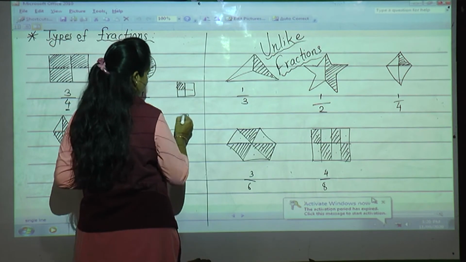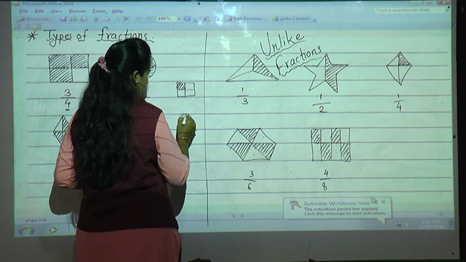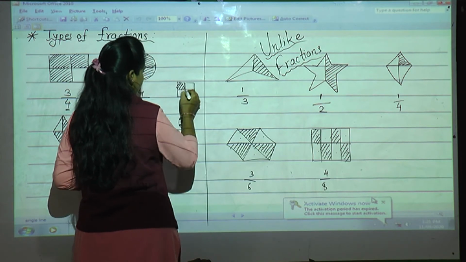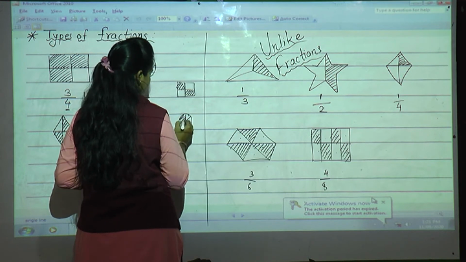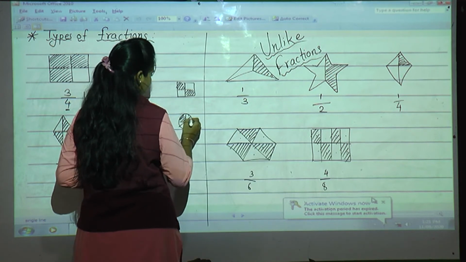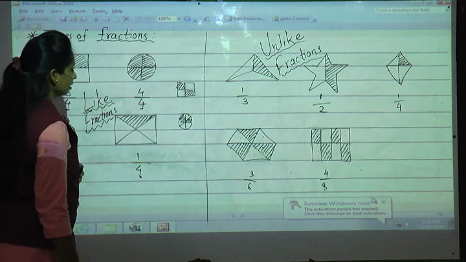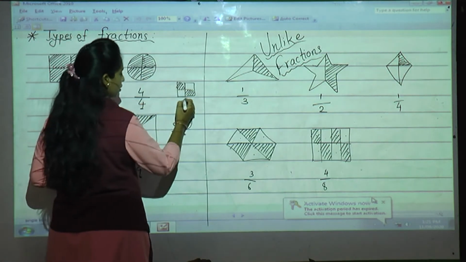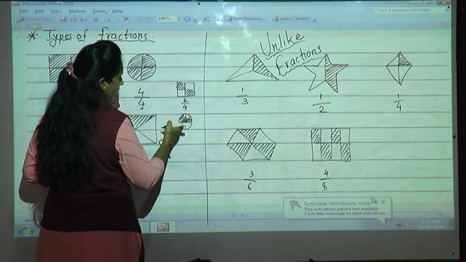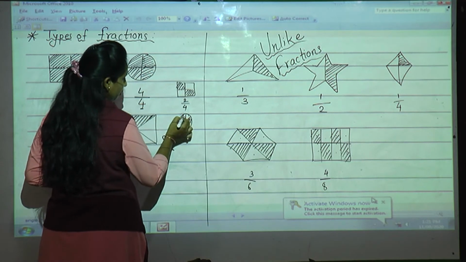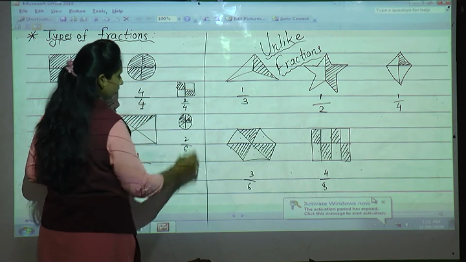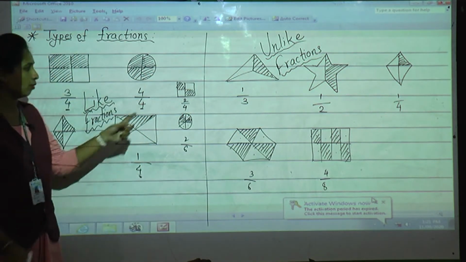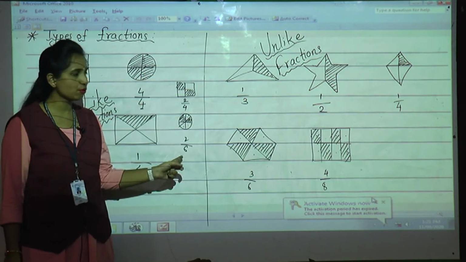Now this is one. Can you see? Now what is this fraction? 2 upon 4. And what about this? How many parts are there in total? 1, 2, 3, 4, 5, 6. Out of that, how many are colored? 2.